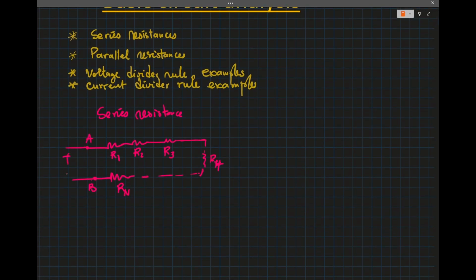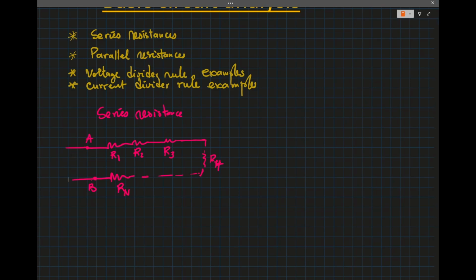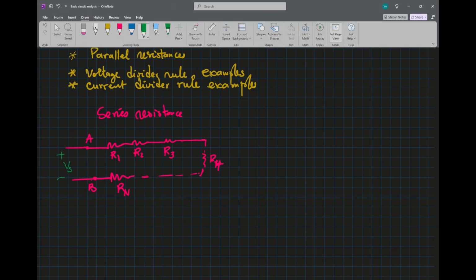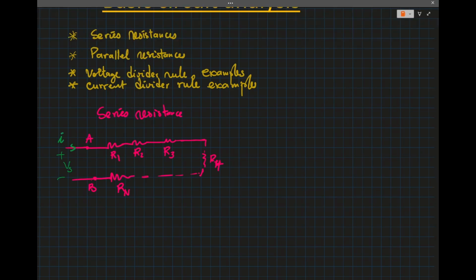The voltage here is Vs, and the current that is flowing we call Is.